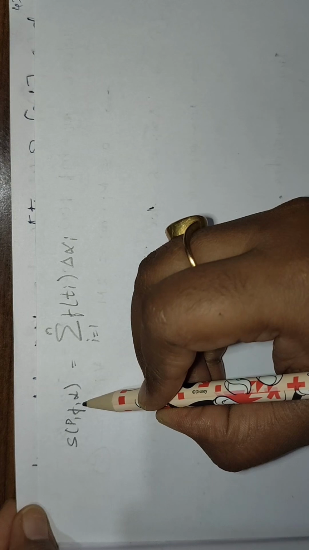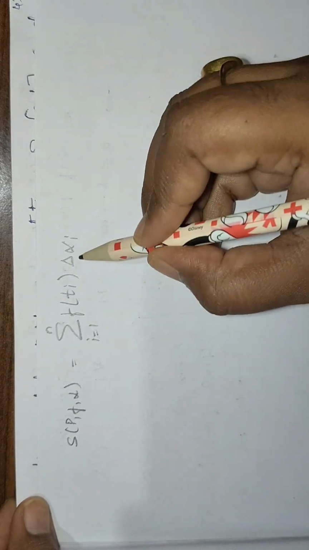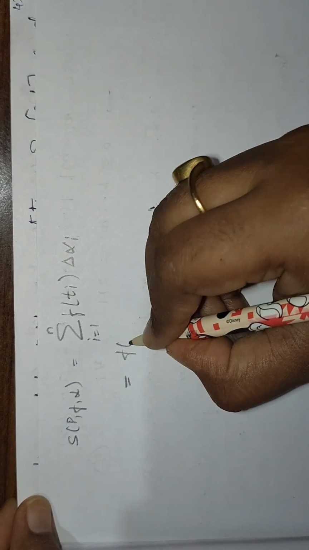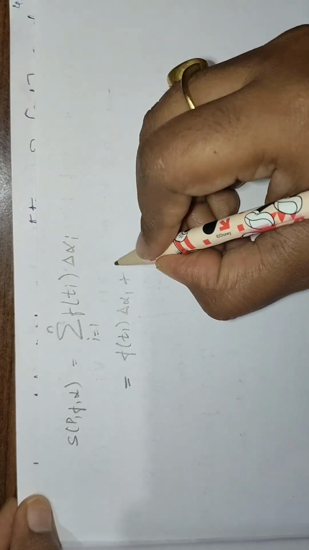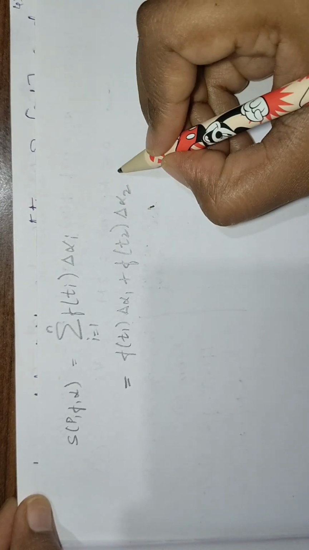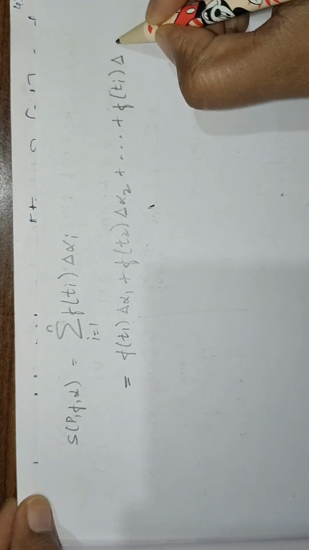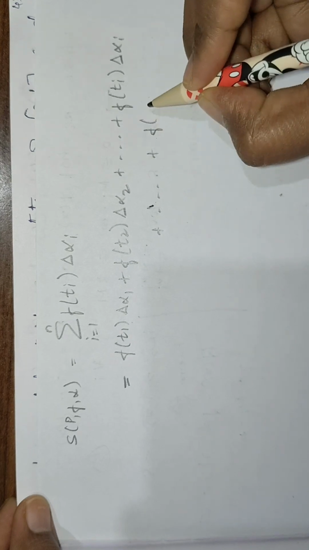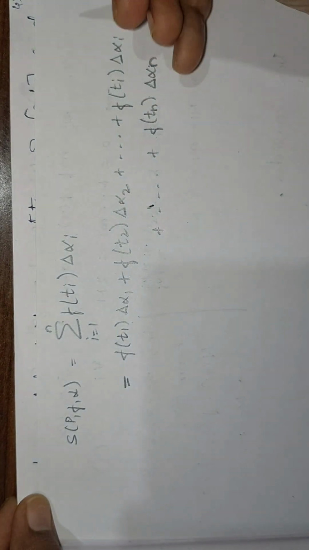Here, S(P, f, alpha) is summation i equal to 1 to n of f(ti) delta alpha i. If I expand the summation, it is f(t1) delta alpha 1 plus f(t2) delta alpha 2 plus etc., up to f(ti) delta alpha i plus etc., up to f(tn) delta alpha n.